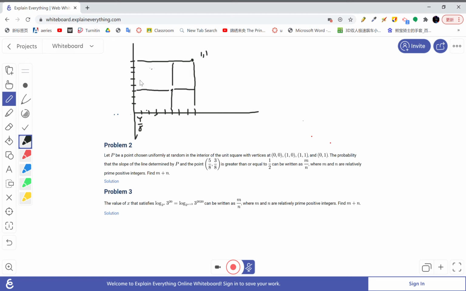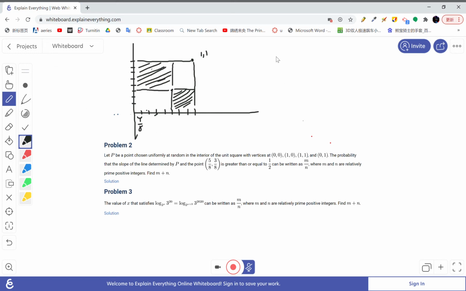Because if you get somewhere like here or here, it's going to be a negative slope, which is definitely going to be less than 1/2, right? So we don't want to consider this part of the region because this will always result in 0 or negative slope, right?